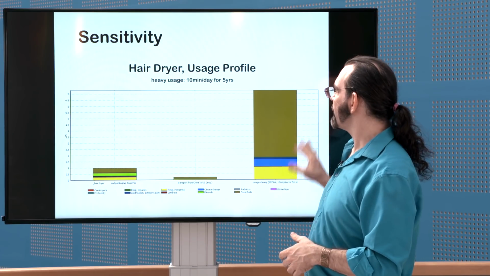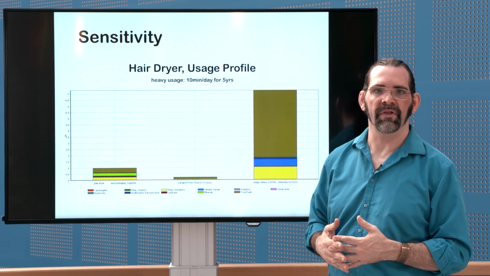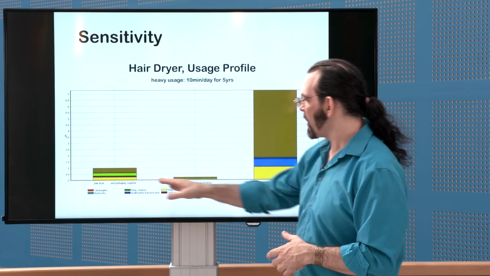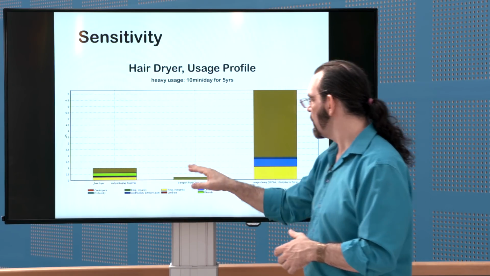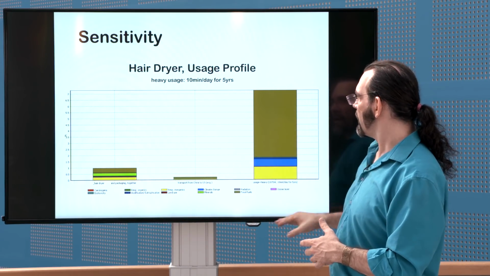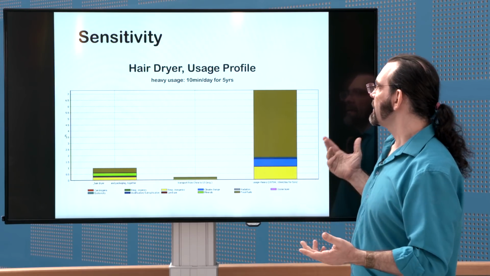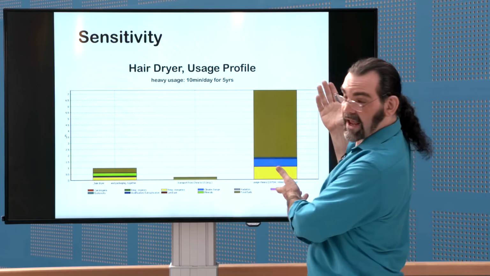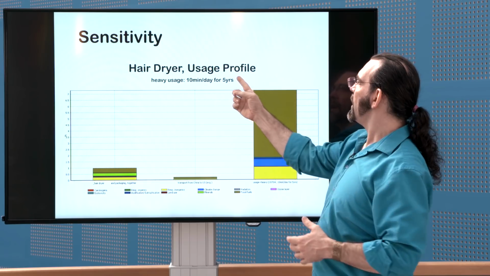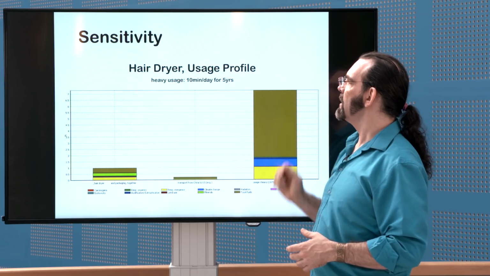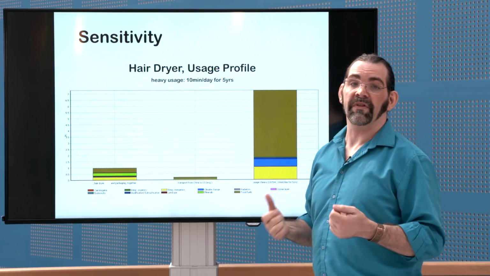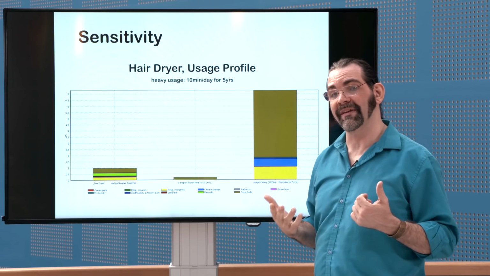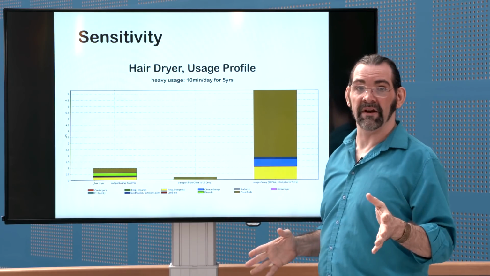So this is that same graph from earlier of the hairdryer, comparing the manufacturing impacts to transport to the use phase. And energy really dominated here, but this was assuming that the user would use that hairdryer for 10 minutes a day, every day for 5 years.